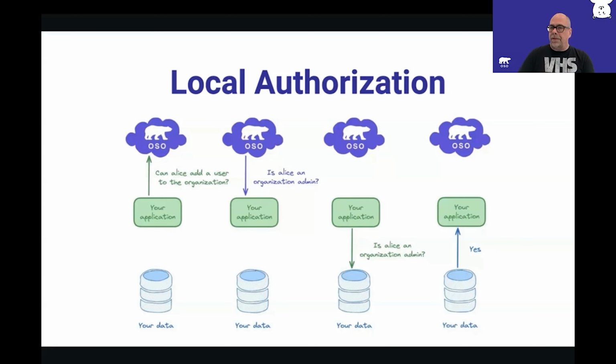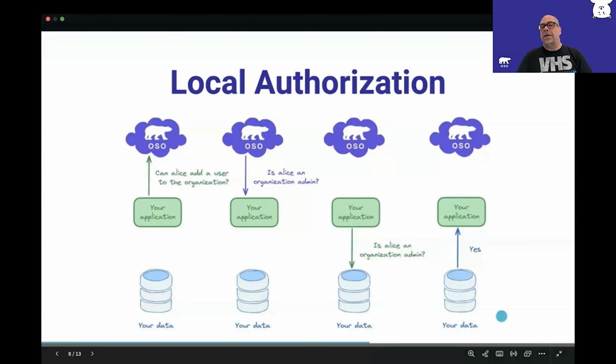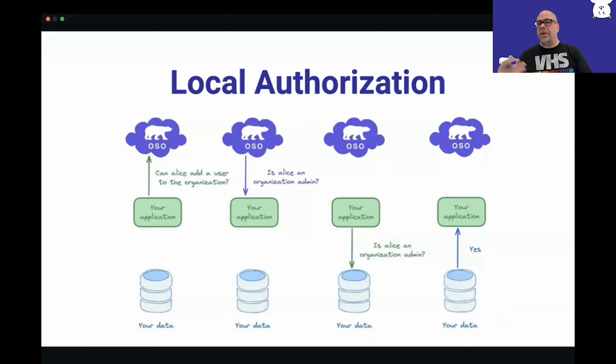I'll show how we define the bindings so that OSO can correctly ask that question back to the application. Our application will then take that question and send it to our local database, and the database will return the answer yes. And if it's yes, then we go and add the user to the application.